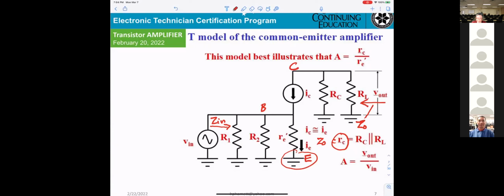Okay, the first thing I can see is easy. R1 parallel R2, right? Correct? This is R1 here, R2 here, both connect to the ground here. R1, R2 parallel. You see? What else?